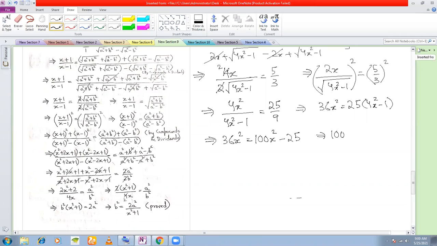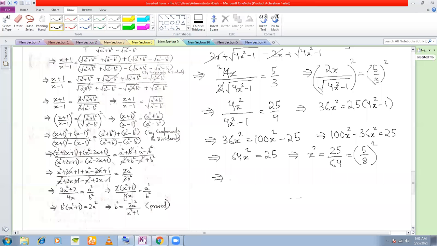So you have 100x square minus 36x square is equal to 25. So you get 64x square is equal to 25. So you get x square is equal to 25 by 64, which is same as 5 by 8 square.